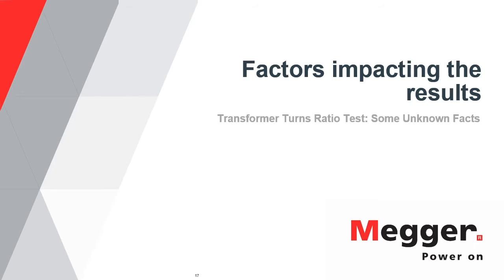What can we do to make sure that if we get an unexpected or higher than expected percentage error in the results, or the pattern in the excitation current is not what we were expecting, or the phase deviation is larger than expected, is this because I have an actual problem with my transformer, or is it because factors related to the transformer we're testing, the unit that we are using for the test, or the technique that we are using to run the measurement can be improved?